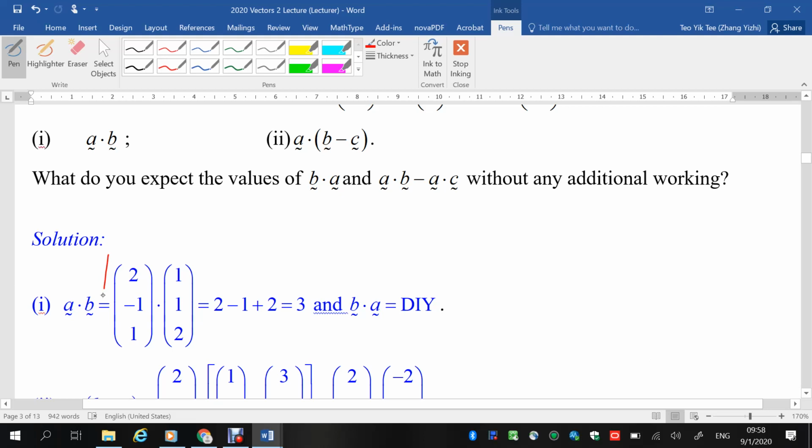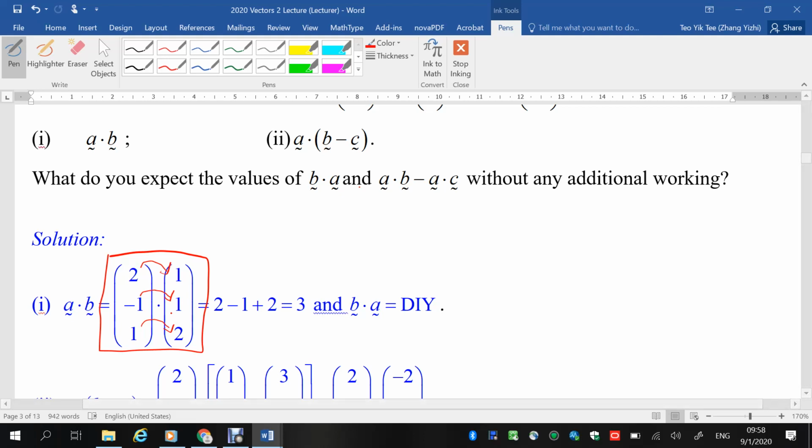So don't copy first. Let me explain to you how it's happening. A dot B, I write down the column vector. So what you need to do is follow 2 times 1 plus minus 1 times 1 plus 1 times 2. This is your dot product numerically.